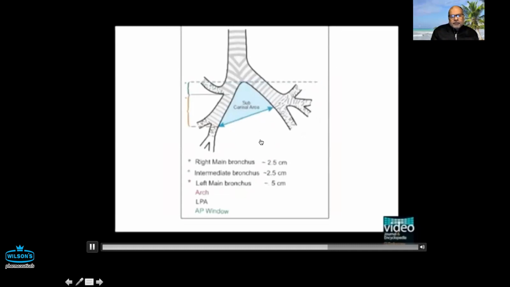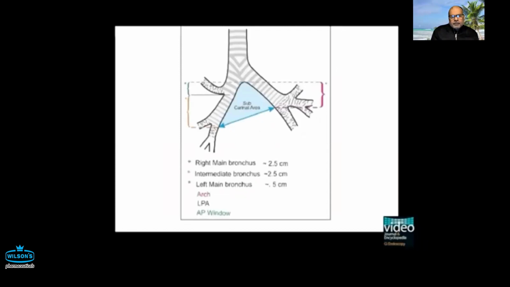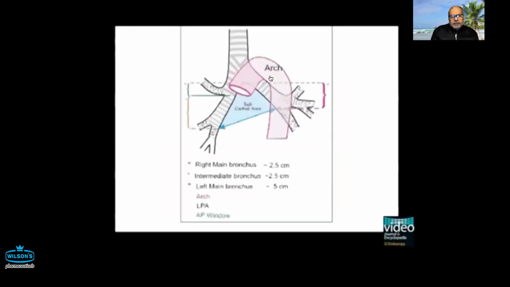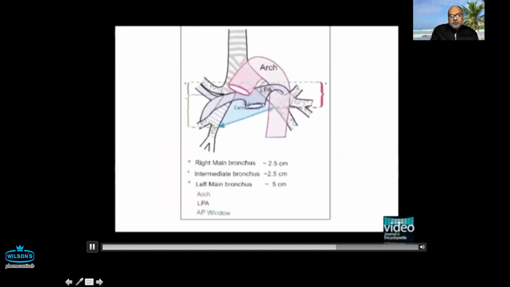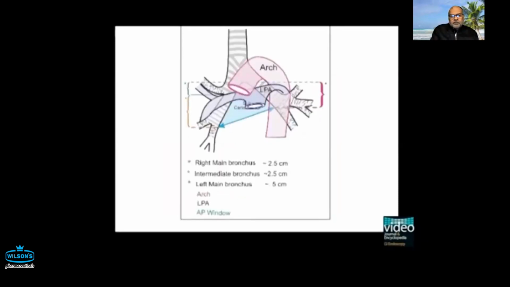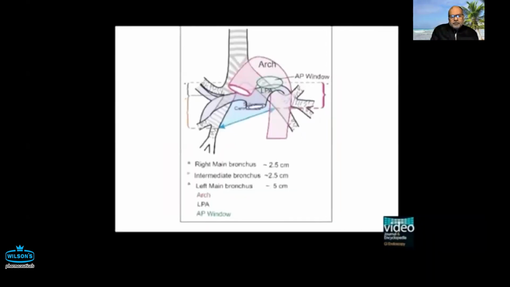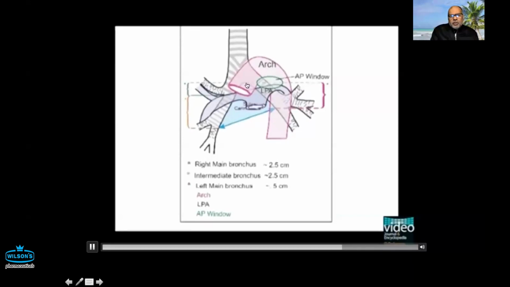The AP window is a middle mediastinal space which lies immediately below the arch of the aorta above the left pulmonary artery. So the AP window is here.